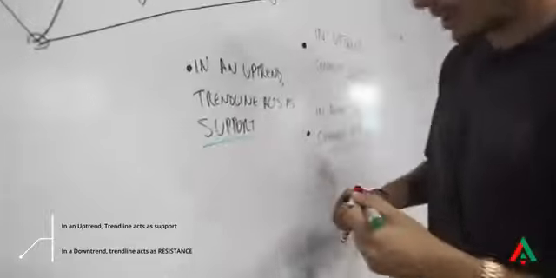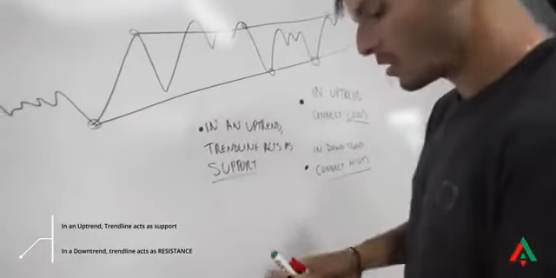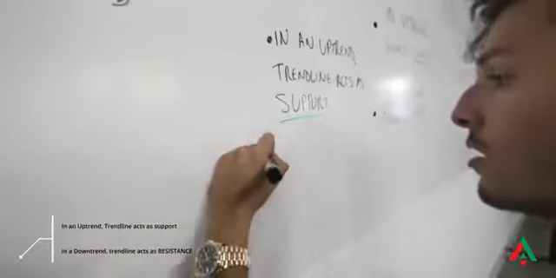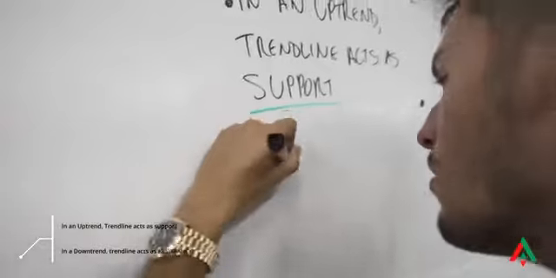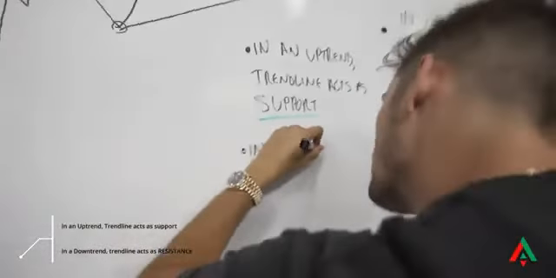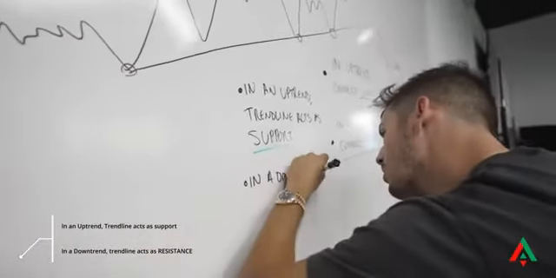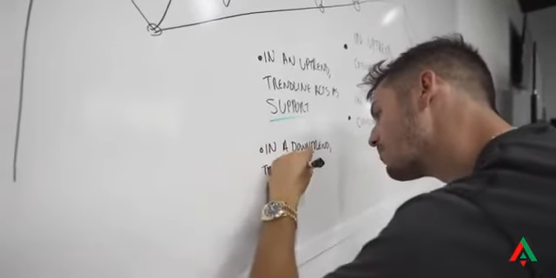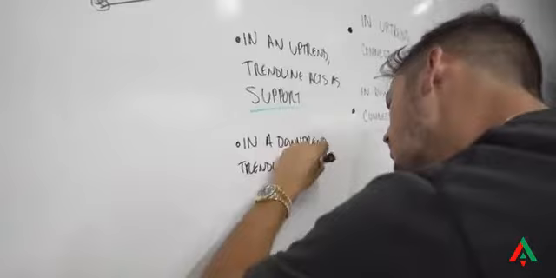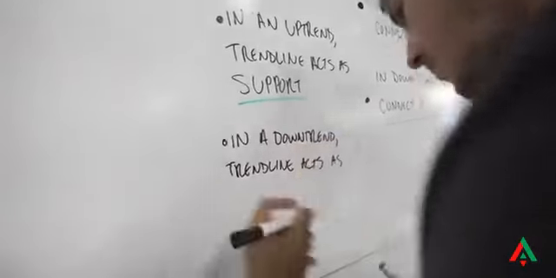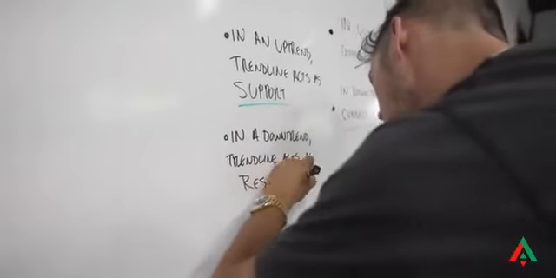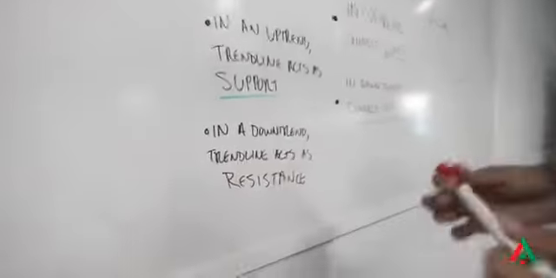Green acts as support, and then in a downtrend, resistance.